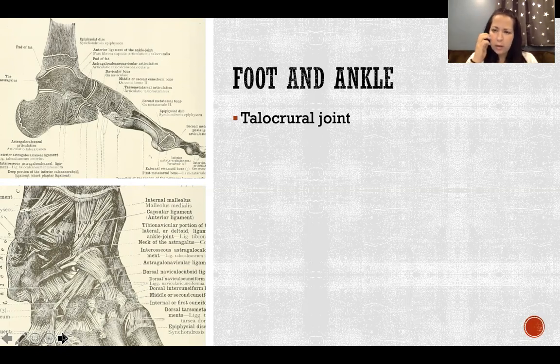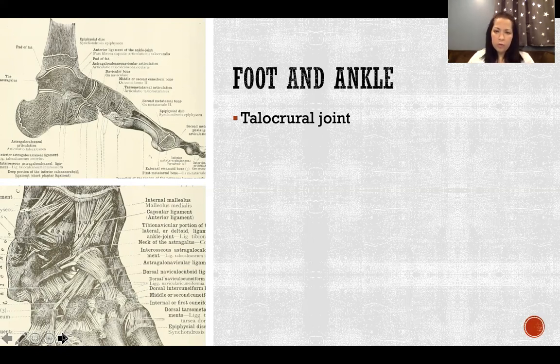Hopefully you did, but everyone might have covered things differently. So the crural region is the region between the knee and the ankle. So the bones of the crural region are the tibia and fibula. So the talocrural joint, that's the articulation between talus, that most superior tarsal bone, and the bones of the crural region, that's the tibia and fibula.